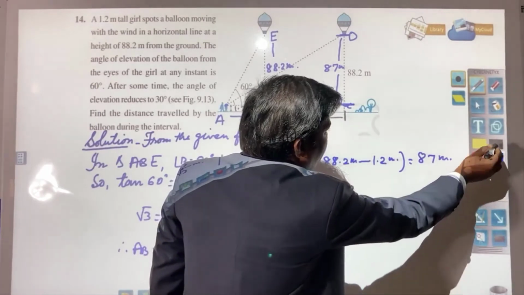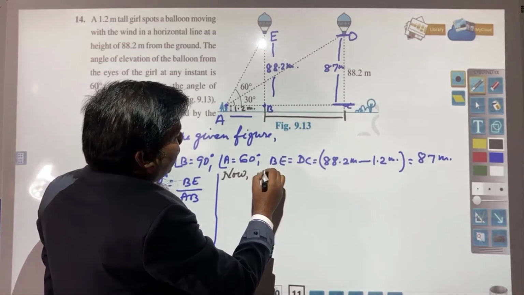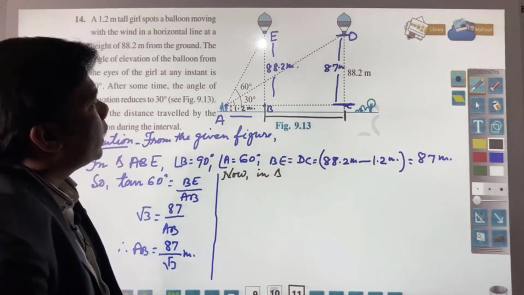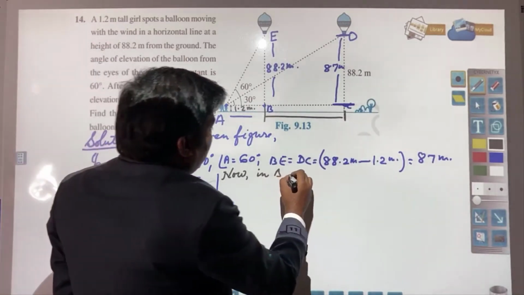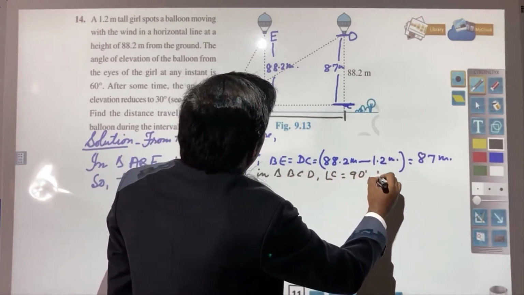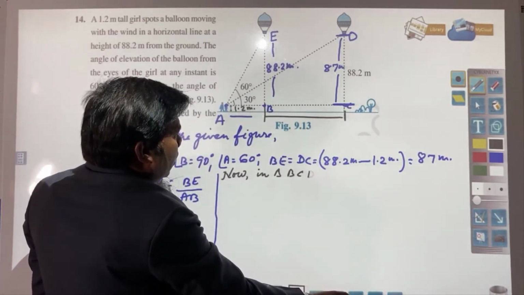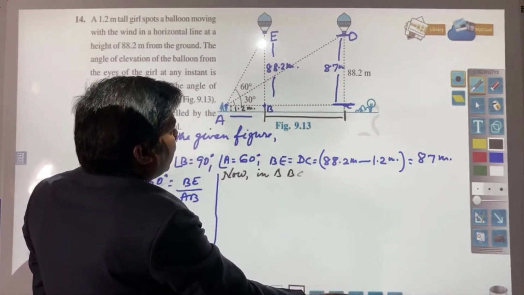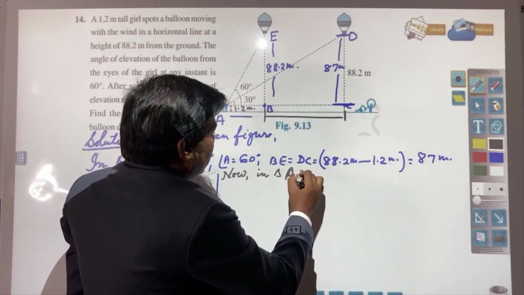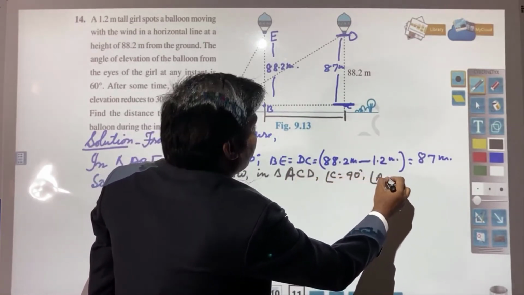Now in triangle ACD, angle C is equal to 90 degrees, angle A is equal to 30 degrees.